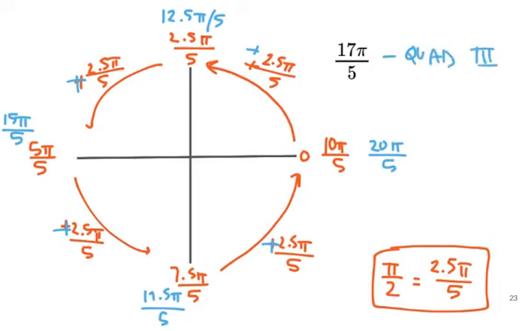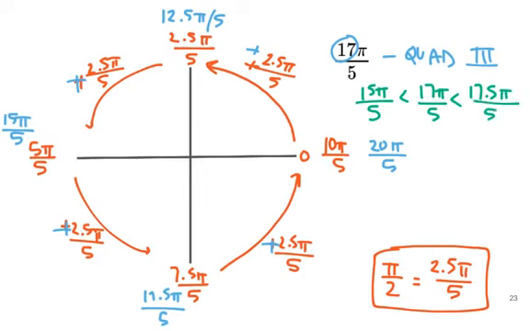Because the denominators are equal, I just have to look at these numbers. I can see that 17 is sandwiched between 15 and 17.5 pi over 5, right?